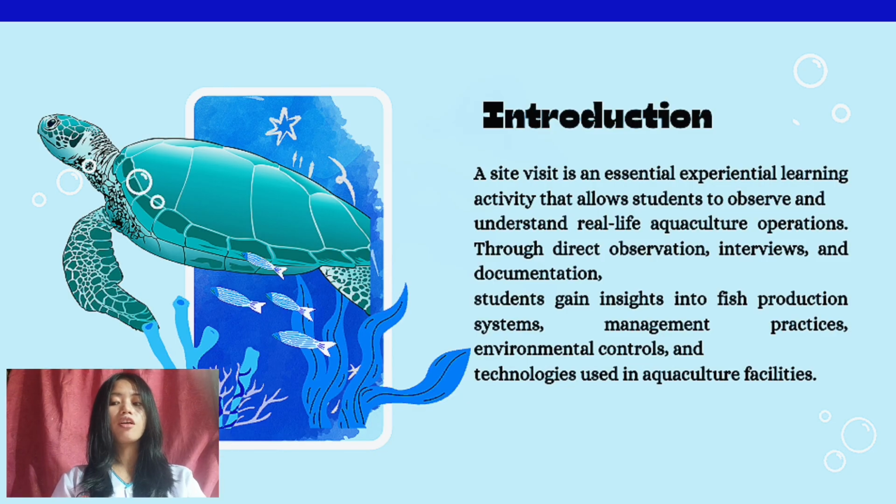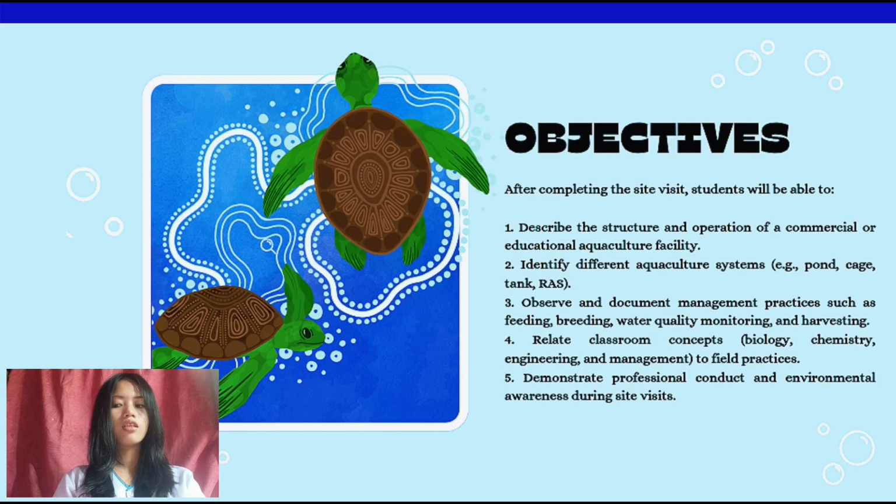Now, let's move to our objectives for this site visit. After completing this activity, we will be able to describe the structures and operations of a commercial or educational aquaculture facility, identify different aquaculture systems such as pond, cage, tank, and RAS. Observe and document management practices like feeding, breeding, water quality monitoring, and harvesting.